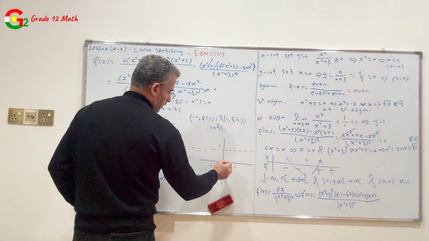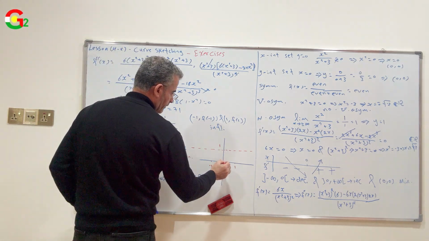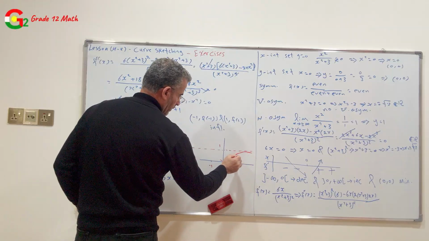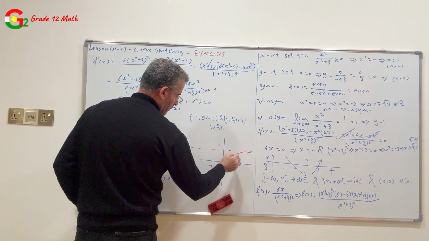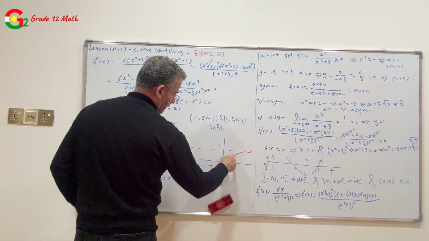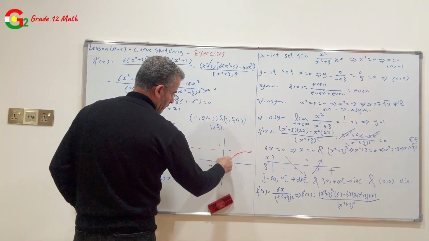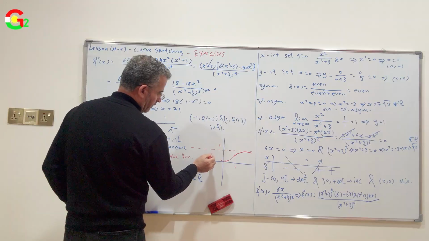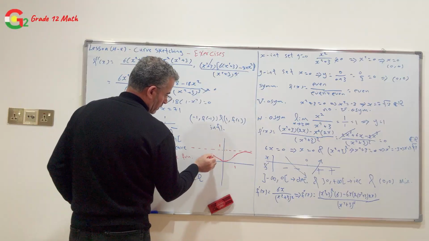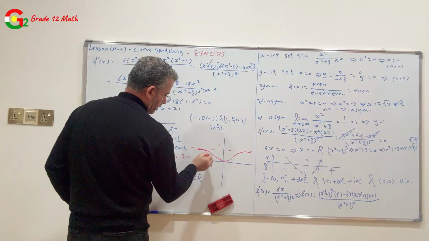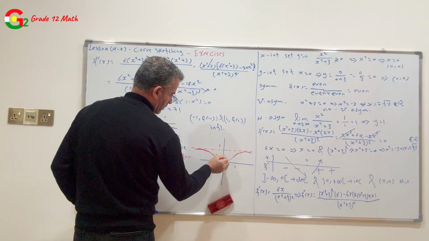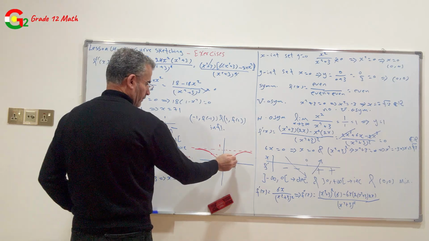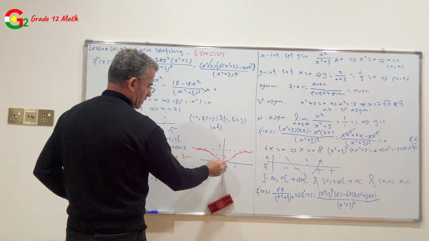Therefore, the function will be like this, the inflection point, and also at negative 1 we have an inflection point. This is the graph of this function.